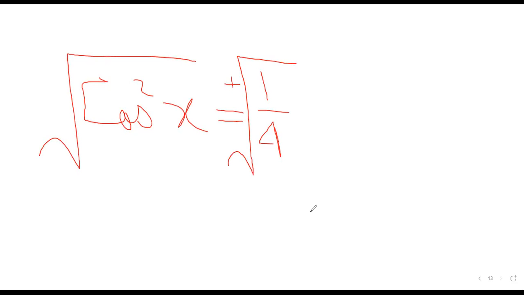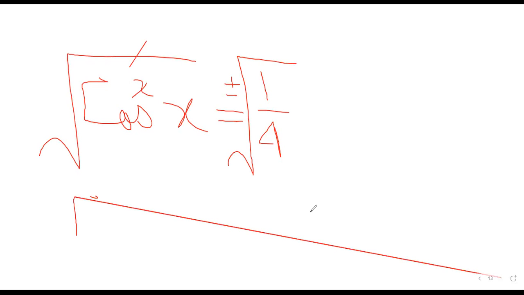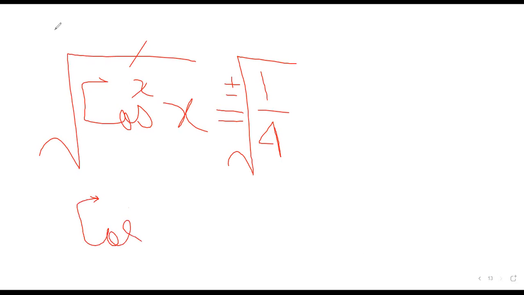Here we will get positive and negative. Here the square is gone with the square root, and we have cos x is equal to plus minus 1 by 2.